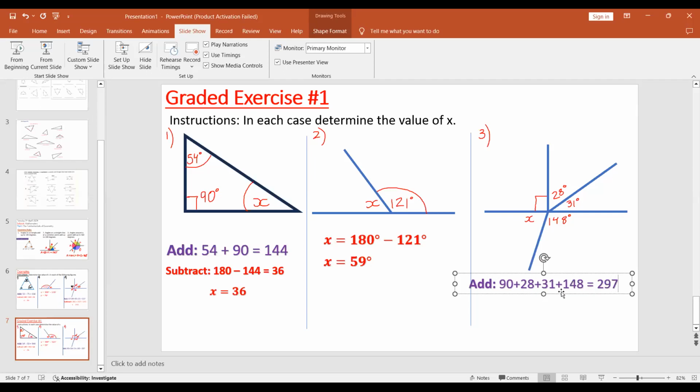297. Dion, what do we have to do afterwards? You will have to subtract the 297 from 360. Very good.